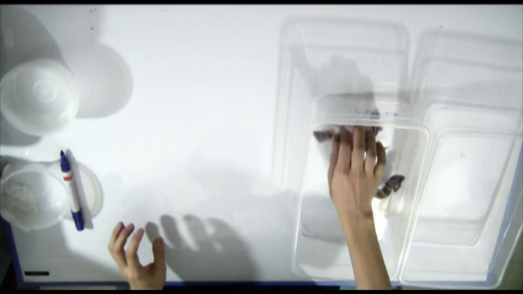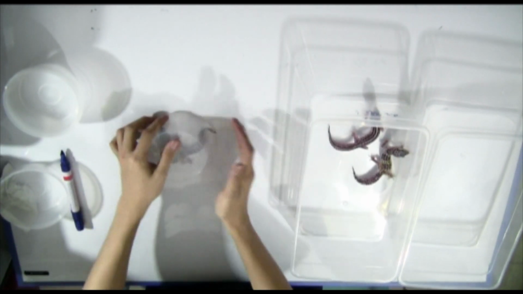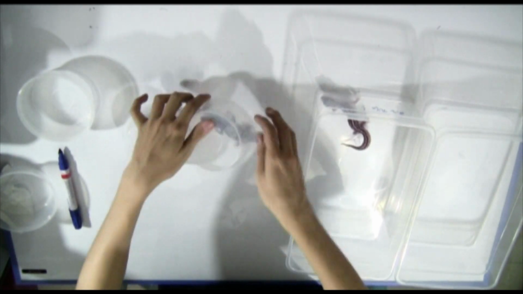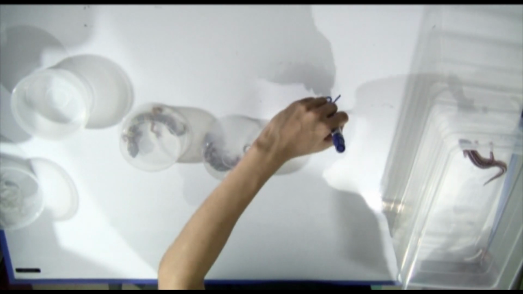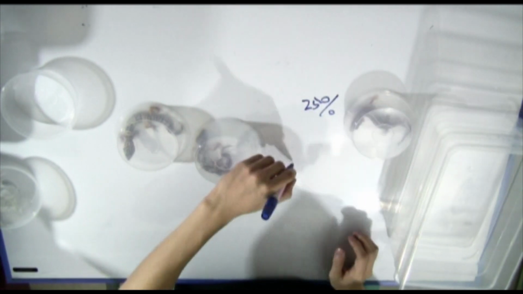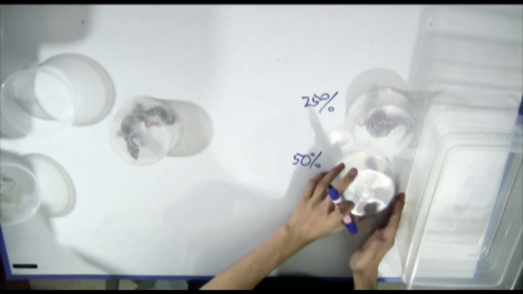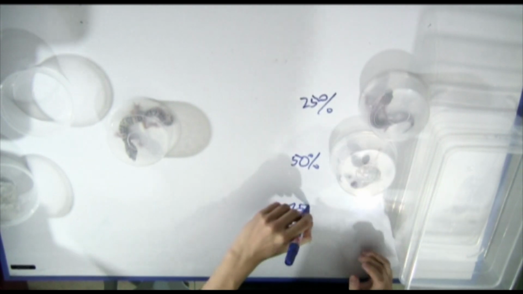So anyway, a bit of genetics now. If you pair a snow to another snow, what you get essentially is 25% super snow, 50% snows, and lastly 25% normals.